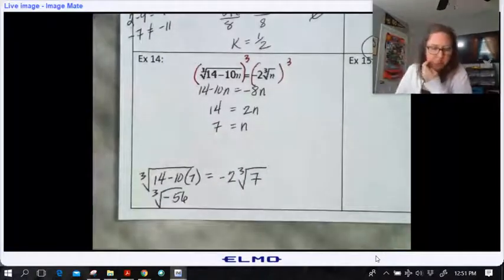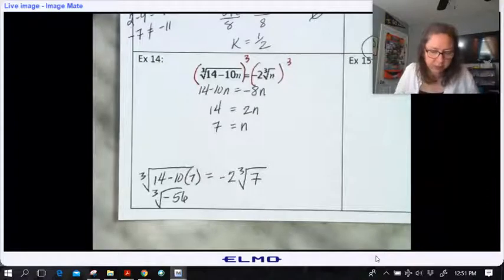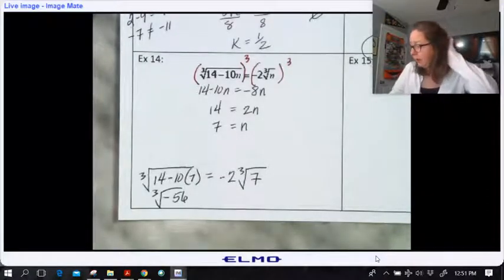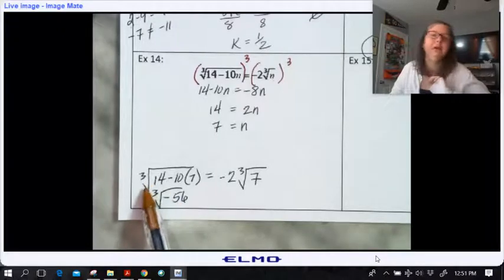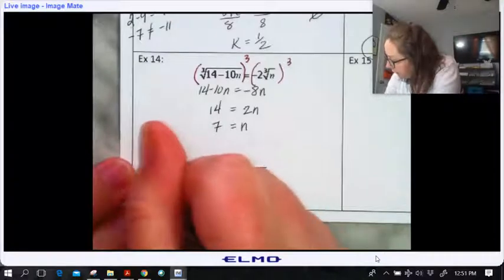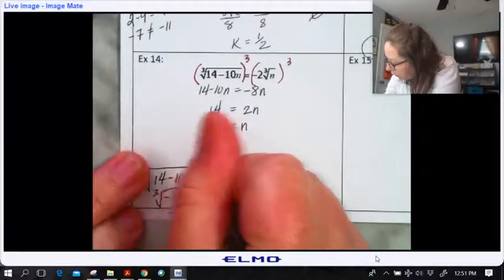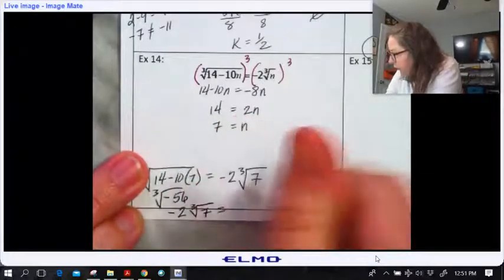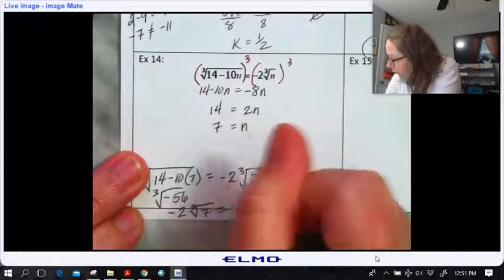And the cube root of negative 56 is going to give me 8 times 7. And I need 3 of them. The 8 can break down to 2 times 2 times 2. So I'm going to have negative 2 cube roots of 7, which is what this other side equals.